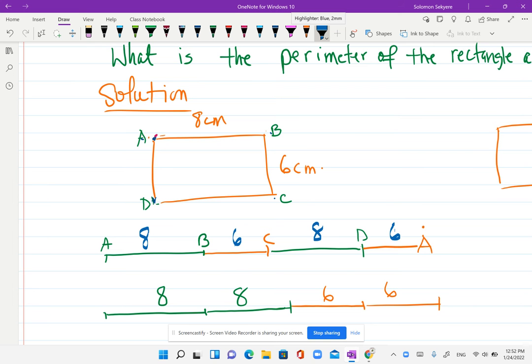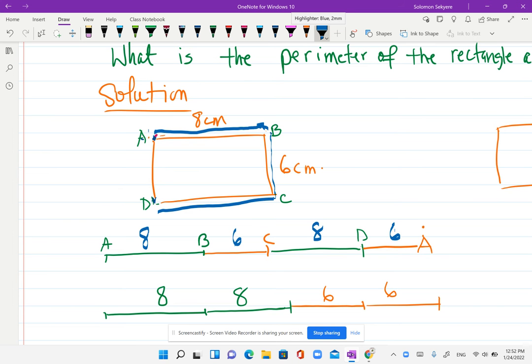If we start from this point A, it's like walking around the school block. You walk here. How far did you walk? Then you go down here, and then back to where you started.